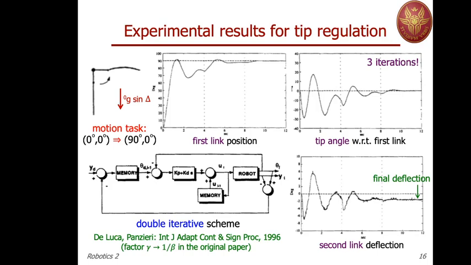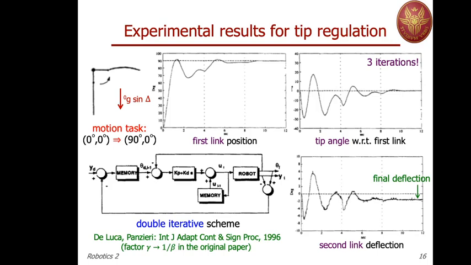So this would be a single iterative scheme, which guarantees that we bring the base of the flexible link, and also the base of the rigid link, which is exactly equal to the tip of this segment, to a desired value. Indeed, this desired value should be corrected itself.